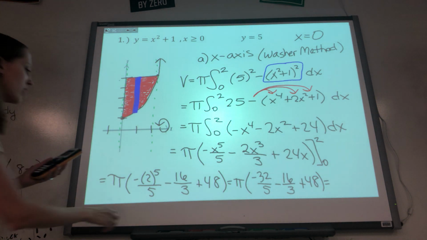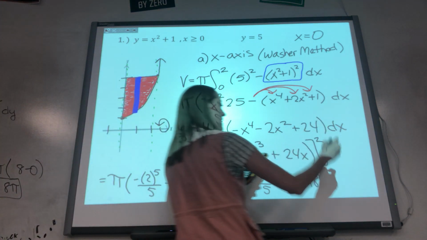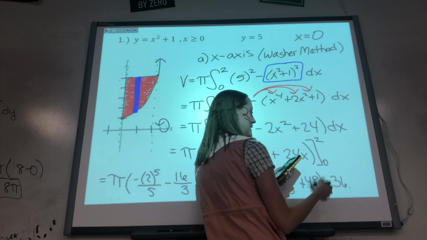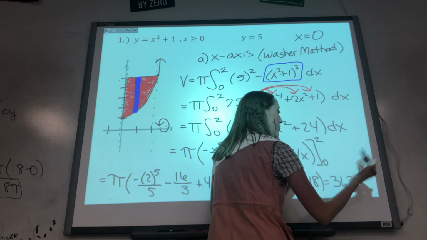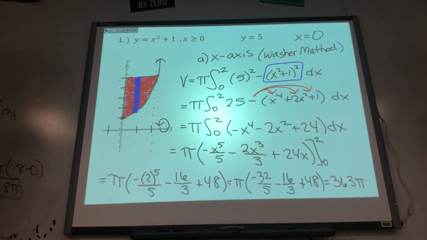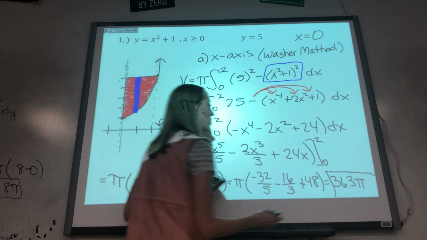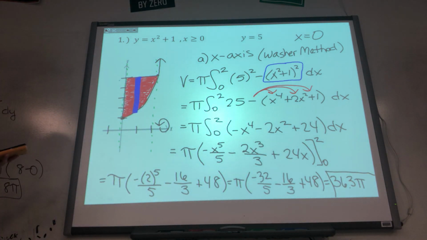You get like 36.26 repeating. So I'm going to just maybe say 36.3. And don't forget pi. The pi just kind of hangs out for a while as you work on everything else. Okie doke. Fraction would give you 544 over 15 pi.